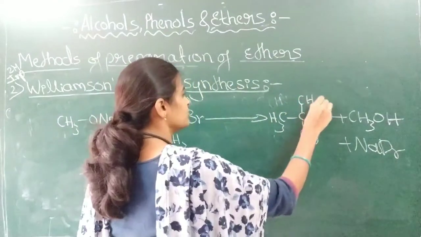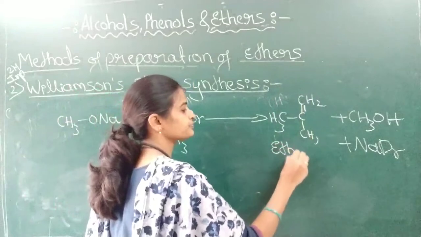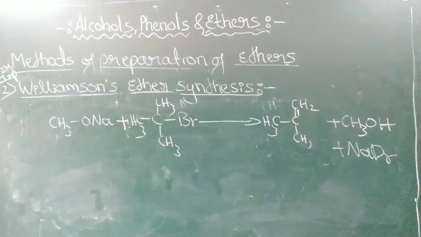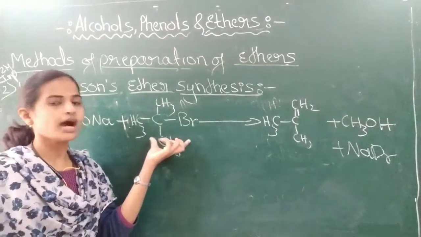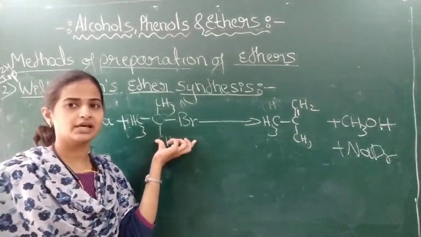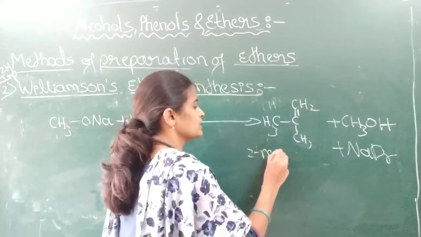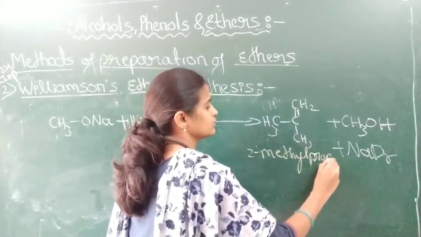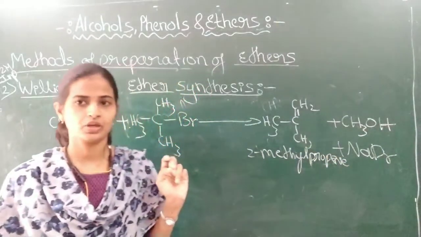One H got eliminated here, forming the double bond. What is formed? Alkene. Here I have written the reaction by taking the tertiary alkyl halide instead of primary alkyl halide. I got this product. The name of this one is 2-methylpropene, 2-methylprop-1-ene.